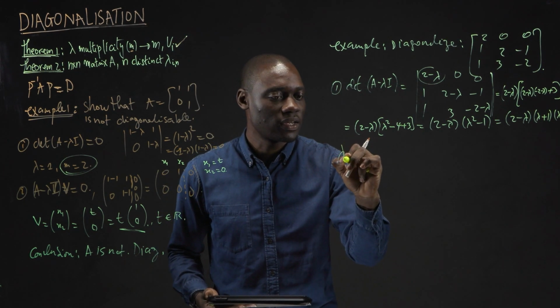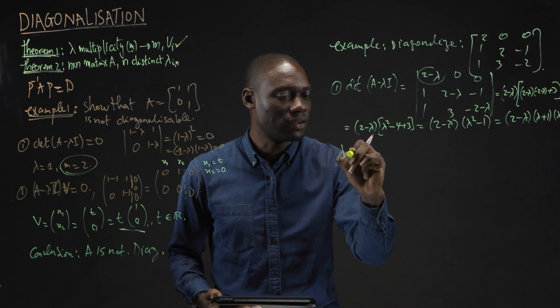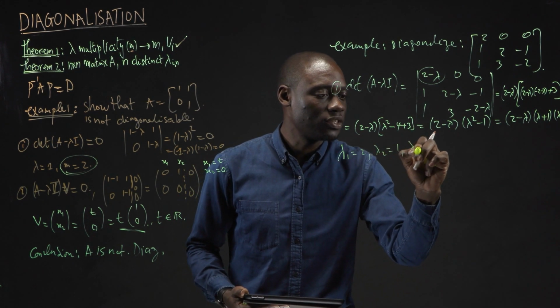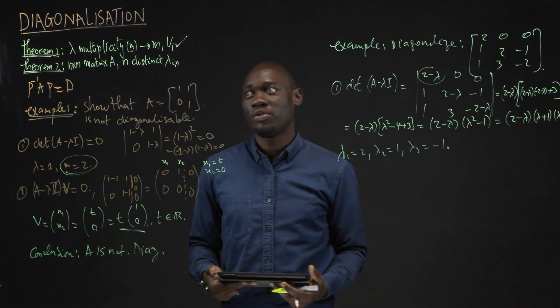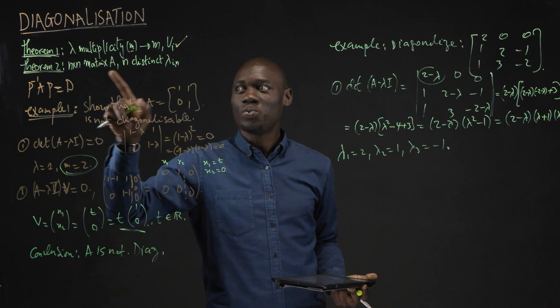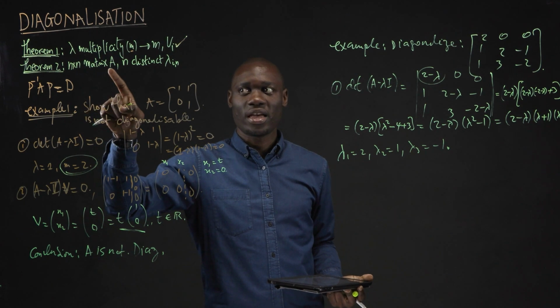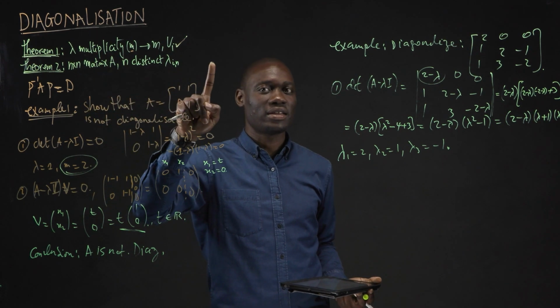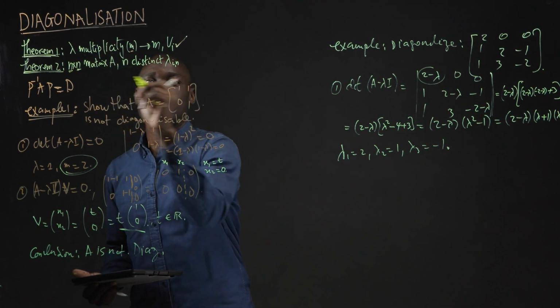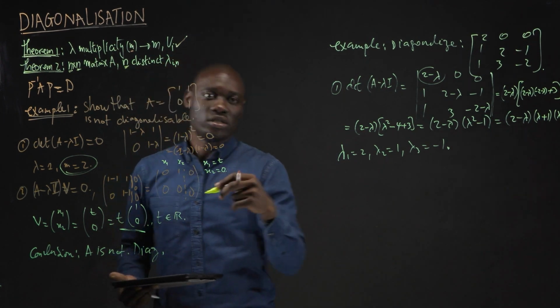So I have lambda 1 equals 2, lambda 2 equals 1, and lambda 3 equals minus 1. If you remember what we said in theorem 2, an n times n matrix A having n distinct eigenvalues is diagonalizable. The n here is the dimension of the matrix, and n is the number of distinct eigenvalues.